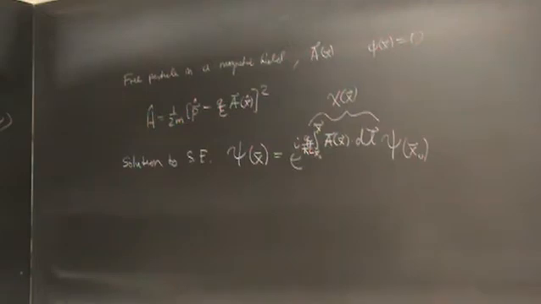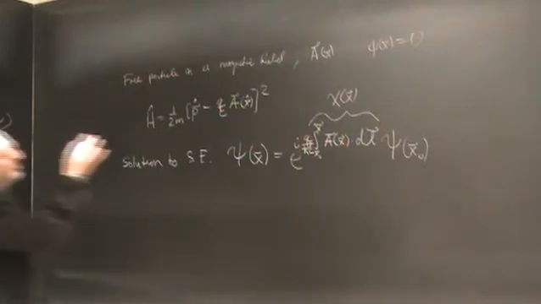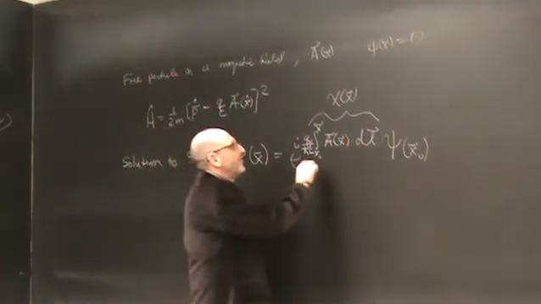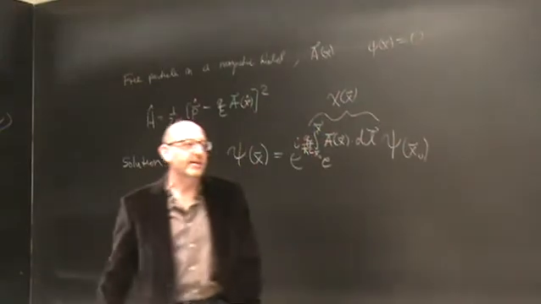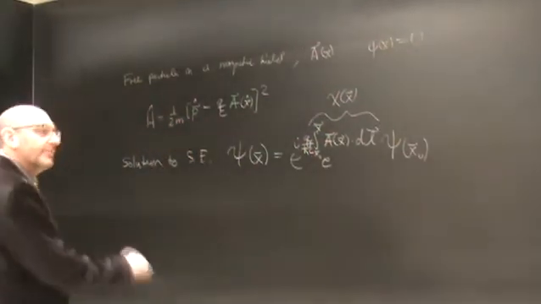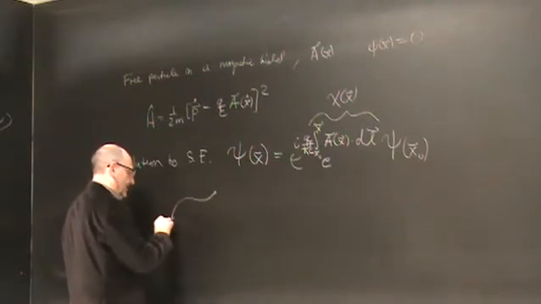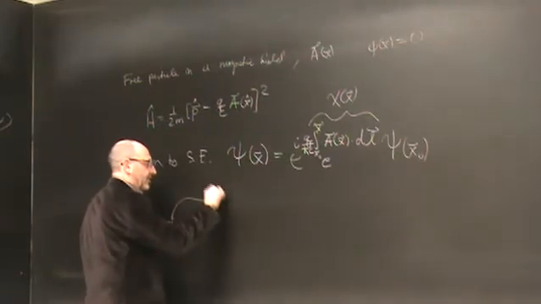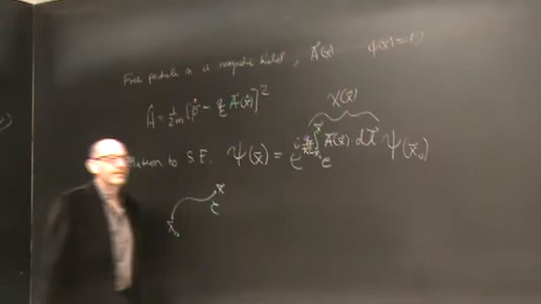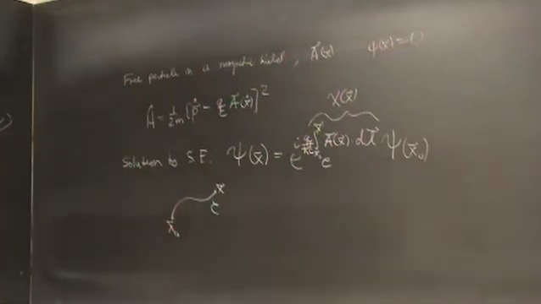So that's interesting. I'm writing this a little bit loosely. I mean, what path am I talking about here? This is a path that goes from some x0 to some x. So this is really not quite right.